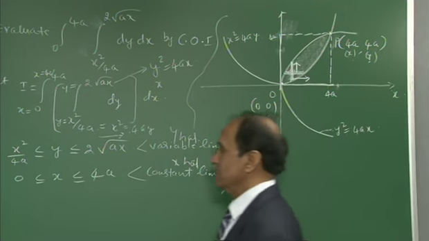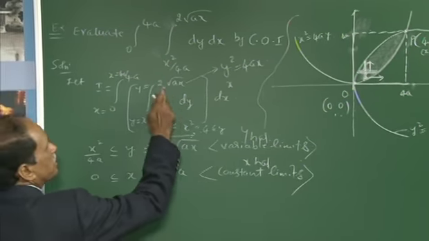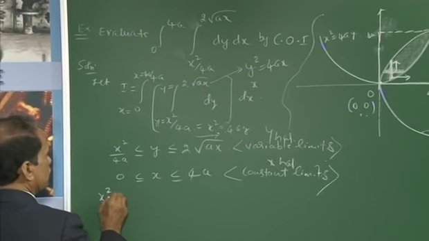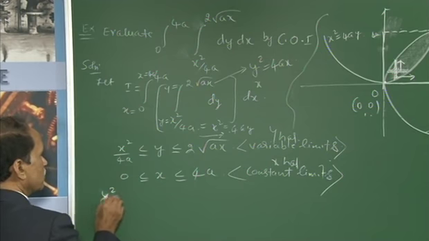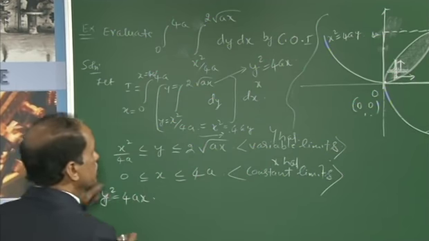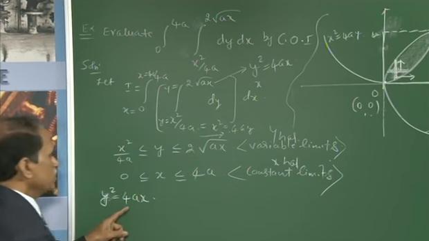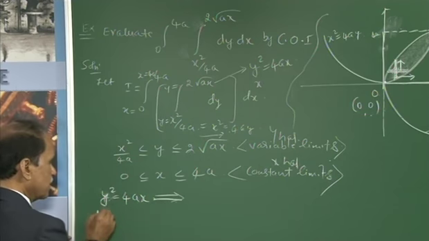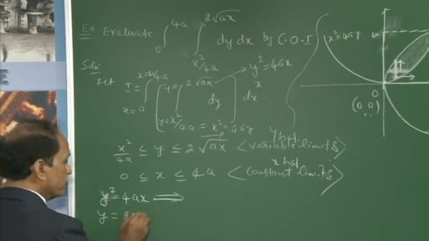So, what do we do here? For the upper limit, it is given as y square is equal to 4ax. It is given in terms of x, and this clearly indicates y is a function of x.